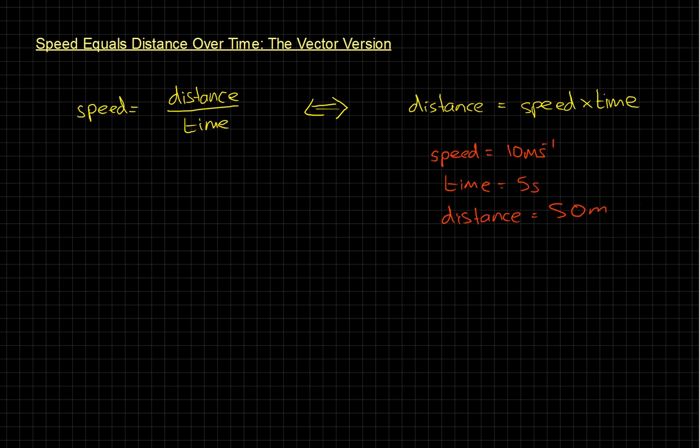Now, what if I said, well, I didn't actually start at a 0 point. I didn't start at 0 meters. Let's say I was already 10 meters away from somewhere. So let's say initial distance is 10. Okay, so 10 meters away from somewhere.